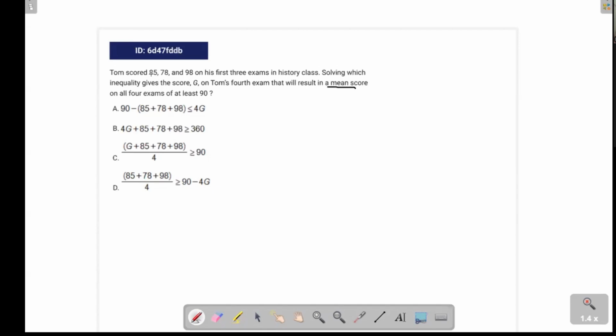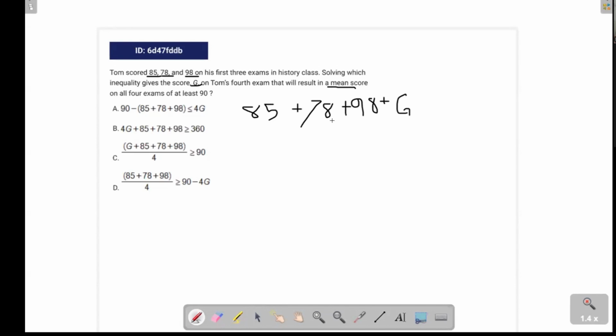So our four scores are going to be 85, 78, 98, and then our fourth score, which it says is G. So when you add all of these up, it's 85 plus 78 plus 98, and then plus our G score right here. So these are all our test scores.